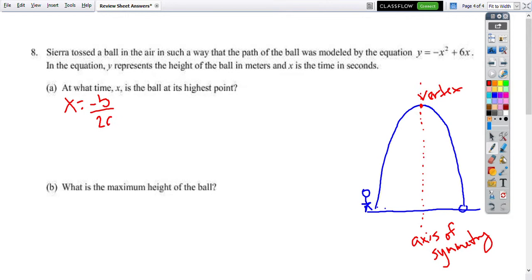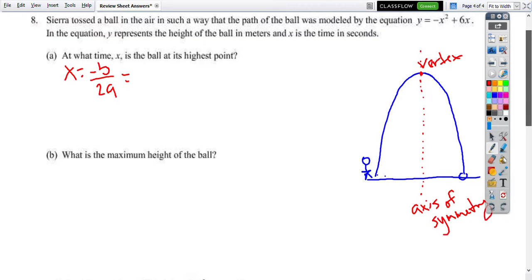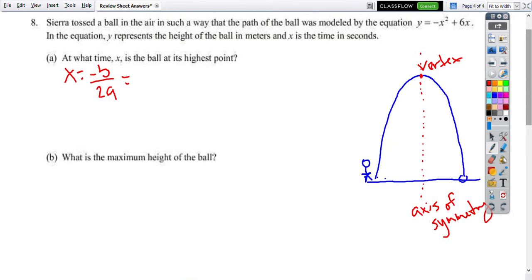Here, b is 6 and a is negative 1. So x equals negative 6 over 2 times negative 1, which is negative 6 over negative 2, which is equal to positive 3.